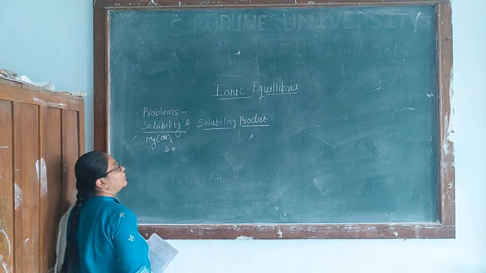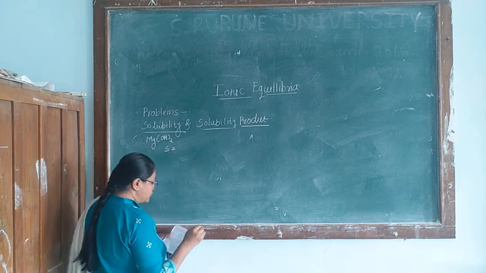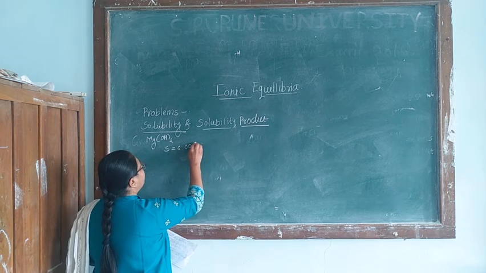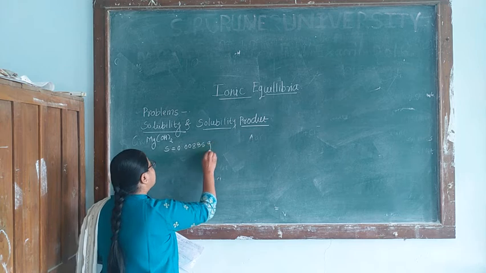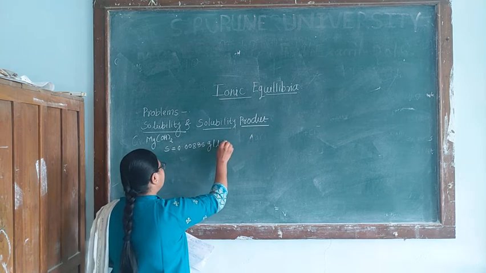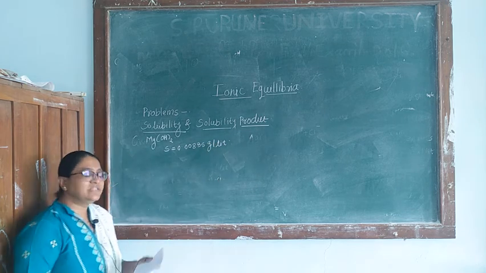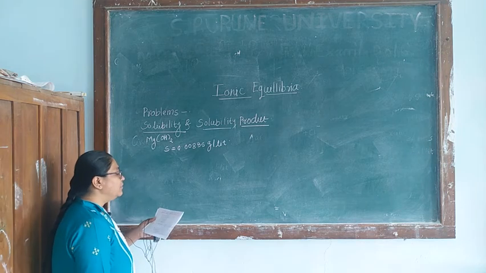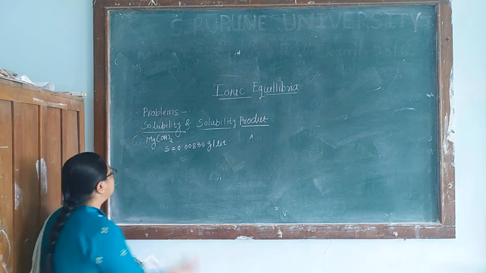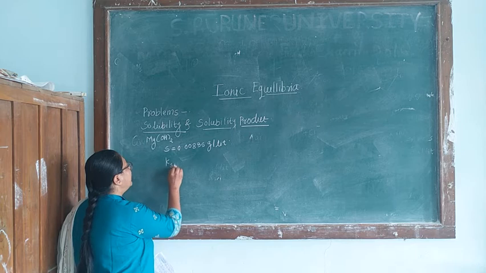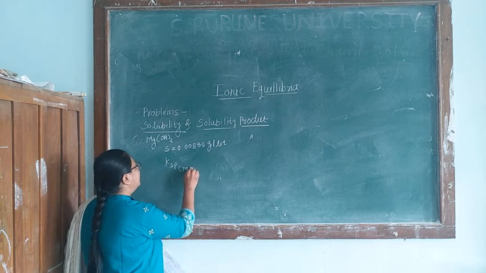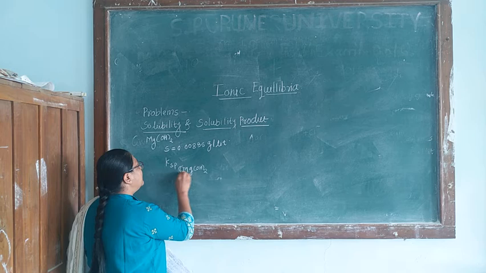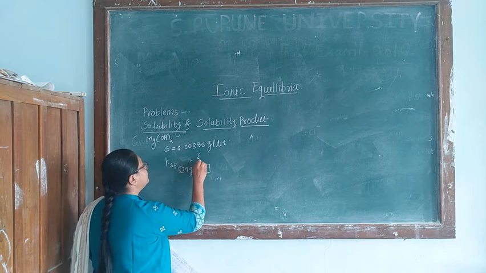This is the formula of magnesium hydroxide, and its solubility is 0.00835 grams per liter. See here, the solubility is expressed in grams per liter. Calculate the solubility product of magnesium hydroxide. Therefore, we are asked to calculate the solubility product of magnesium hydroxide.